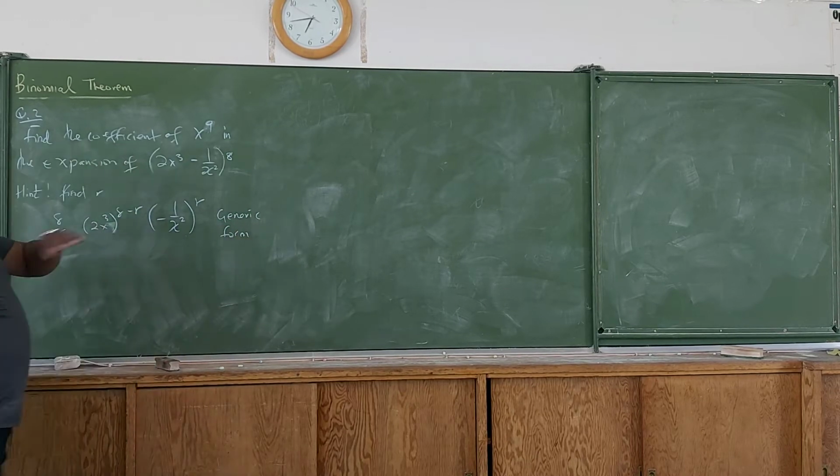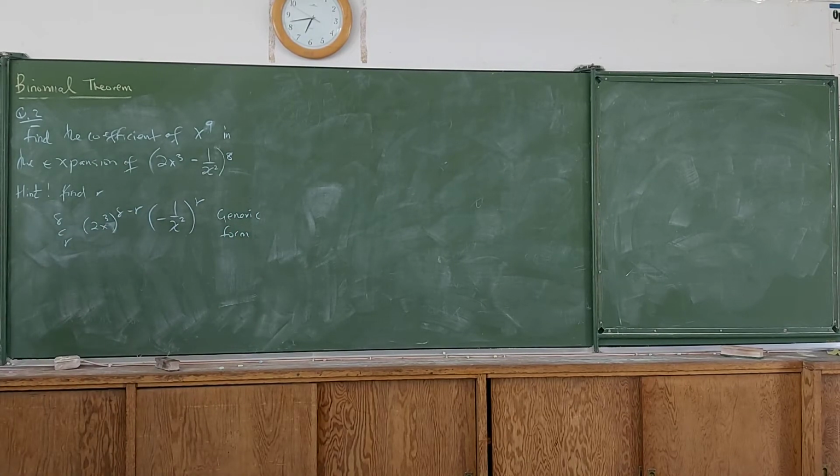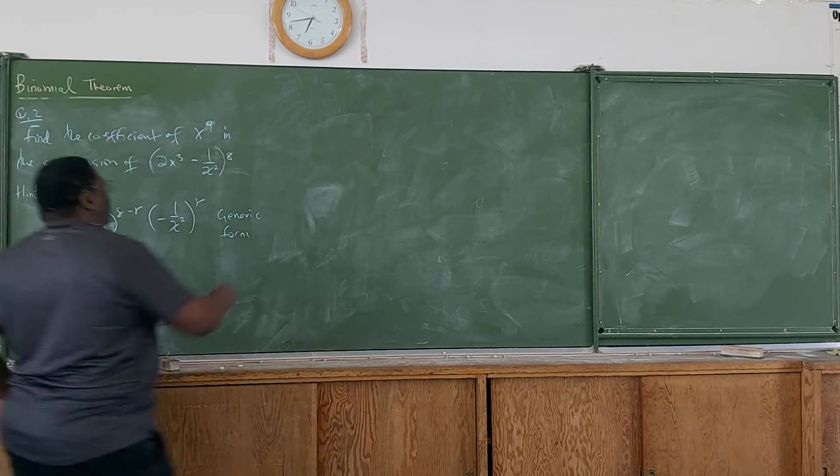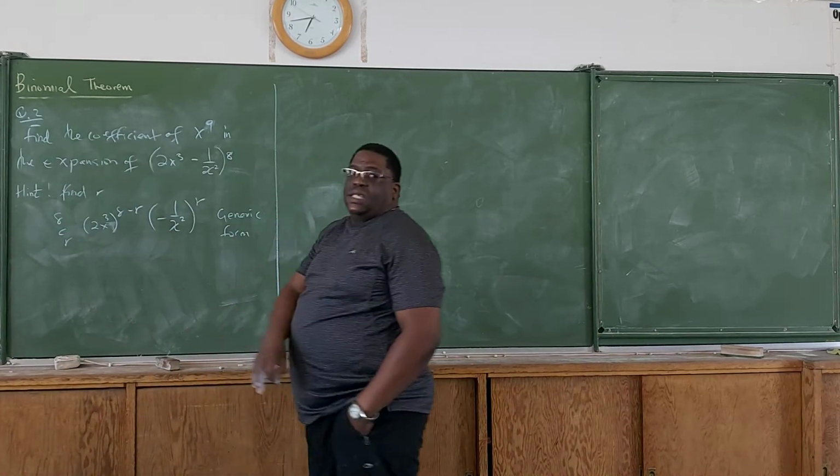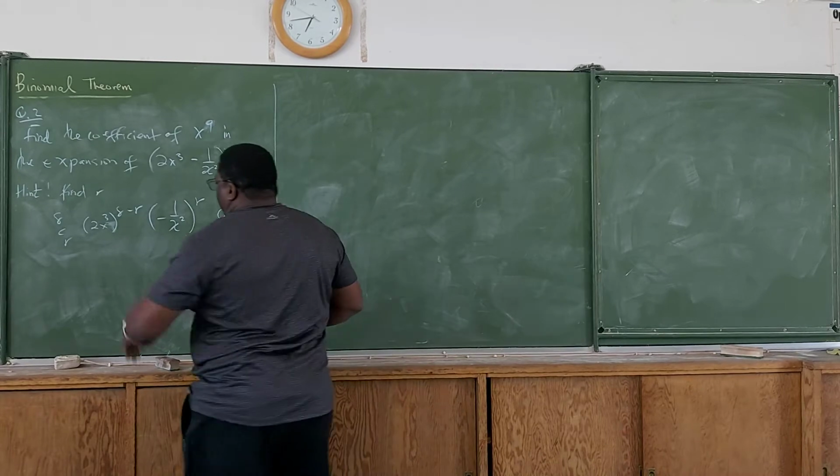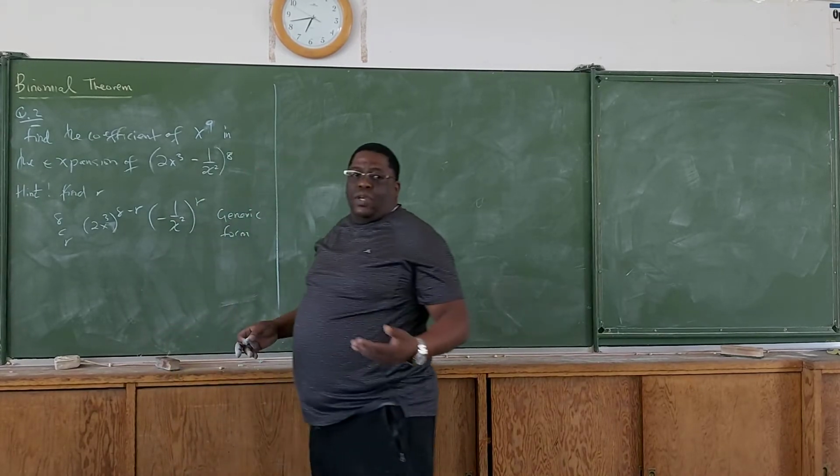Standard procedure. Generic form. We're going to come back there once we have r. Drop all those constants. So x cubed is fine, but there's a constant here of negative 1, which I'm going to drop.